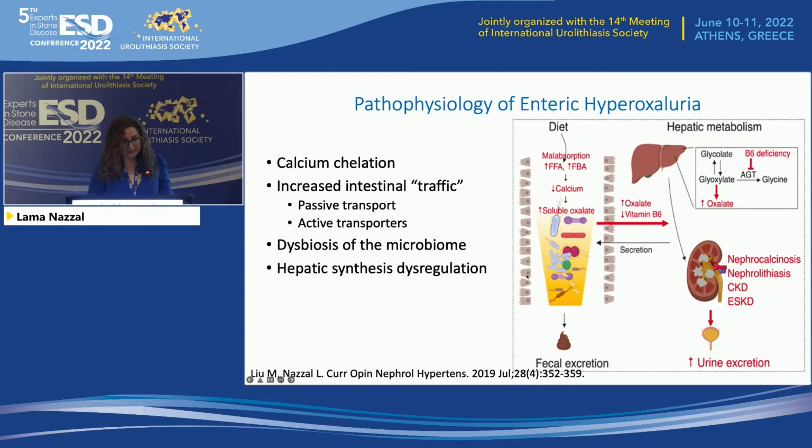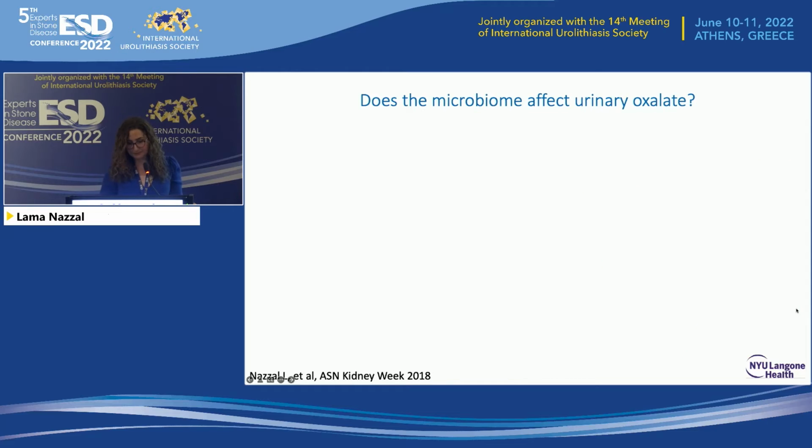We also think that the microbiome, the bacteria, are disturbed in this condition, and there is less capability to degrade oxalate. And there might be a role of B6 deficiency in these patients that drives oxalate production. And as we mentioned, these all can cause kidney stones commonly, but also sometimes end-stage kidney disease.